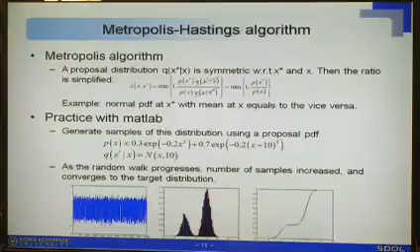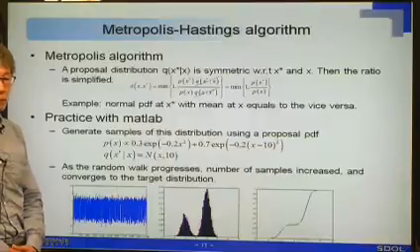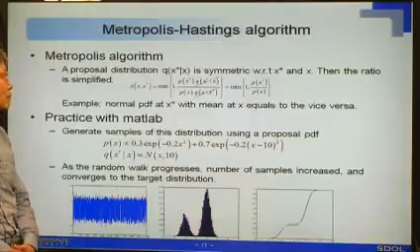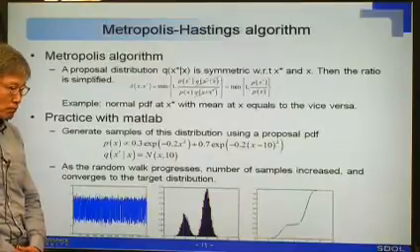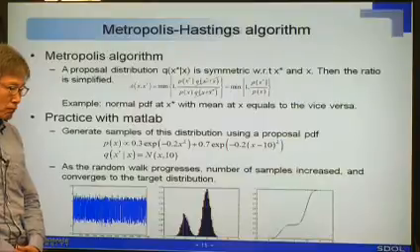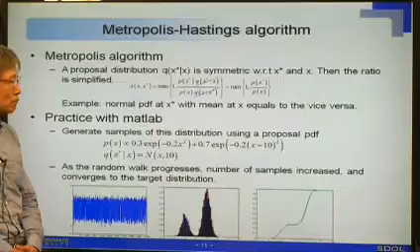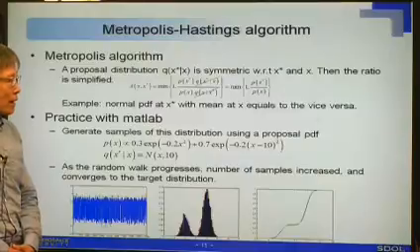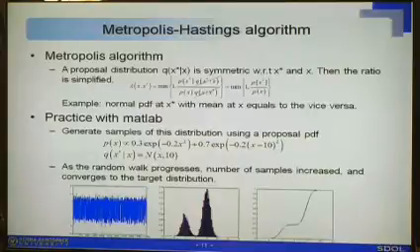Yes? If we take the normal distribution here, then maybe 70–80% of the time we will accept the point. First of all, we have a 50% chance that P of X star will be larger than P of X. If we make the mean X and sample it, we have a 50% chance of being on the left, 50% chance of being on the right.